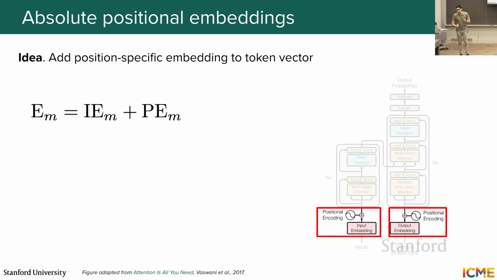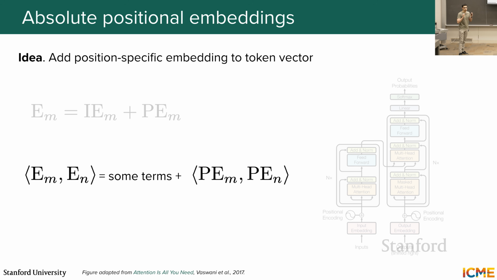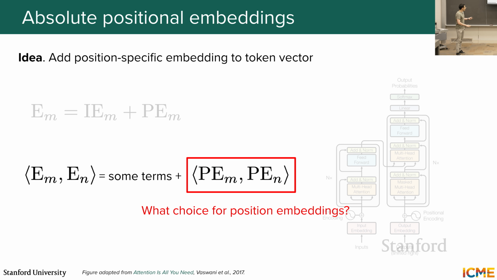That's what the original transformer paper proposed, such that when you do the dot product operation that I just mentioned, you have a term that pops out that is a dot product of these position embeddings together. And I'm not saying that all the other terms are not functions of these position embeddings. Some of them are cross terms, but we're just going to ignore them for now. And we're going to focus on what choice to get for these position embeddings in order for the representation to make sense.